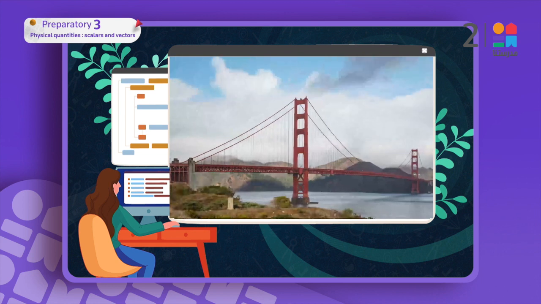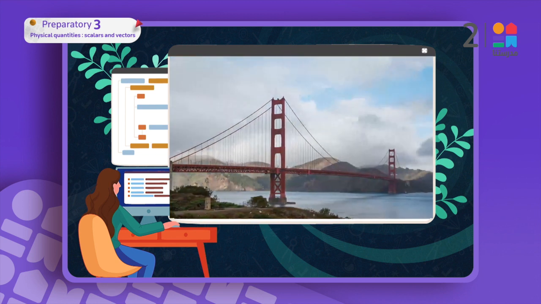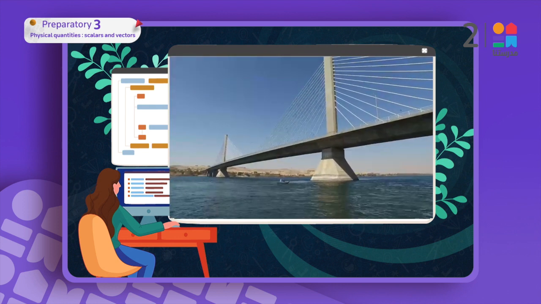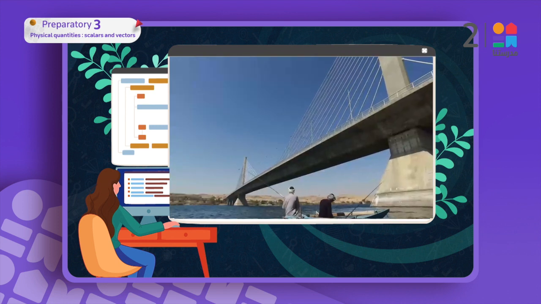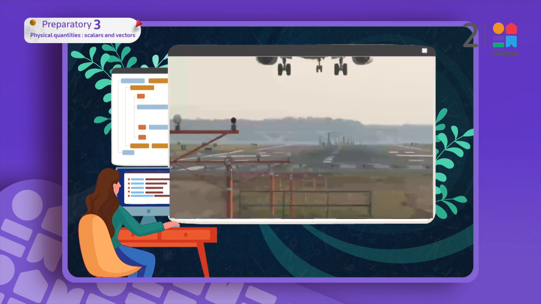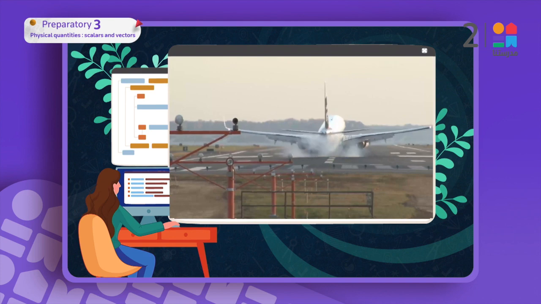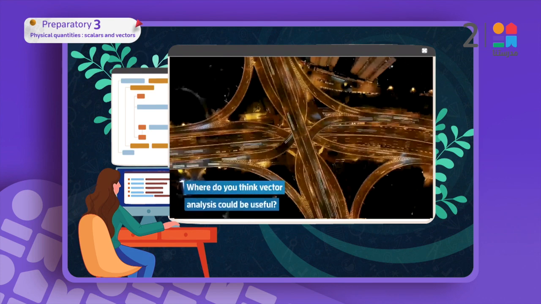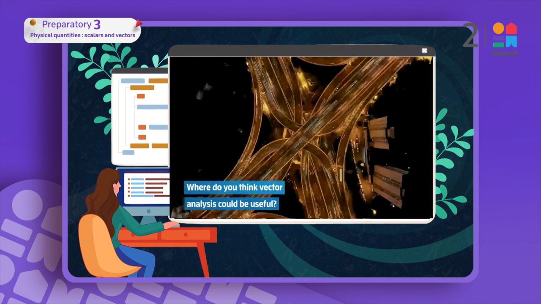Civil and mechanical engineers use vectors to model stress and strain on materials, such as bridges, which ensure our safety in crossing them. In fact, vector analysis is important to all mechanical, civil, structural, and electrical engineers. Do you think air traffic controllers could guide a plane to a safe landing without vectors? Can you think of some examples where it would be useful to use vector analysis to predict something?